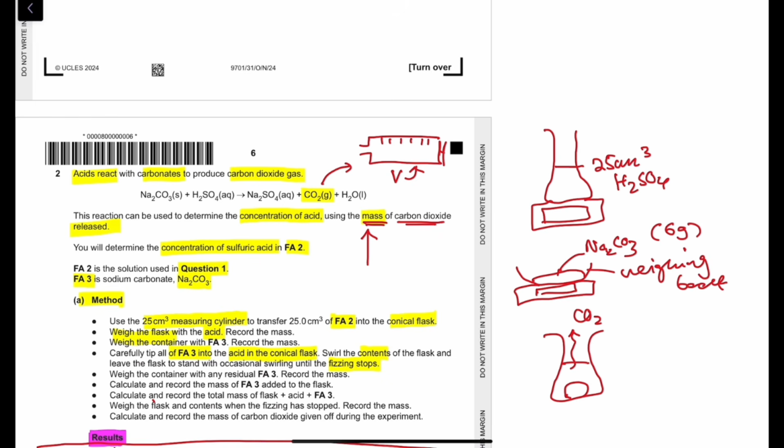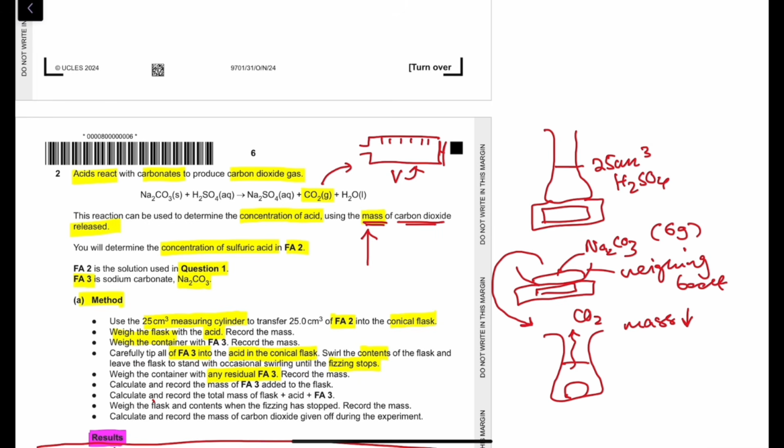And so as you can imagine, since CO2 is going to be produced, we're going to have a decrease in the mass of the contents in the reaction mixture. It wants us to weigh the container with any residual Fa3 and record the mass. This is because when we transfer our sodium carbonate into the flask, not all of it will be transferred and some may actually remain. Some little bits of residue will remain.